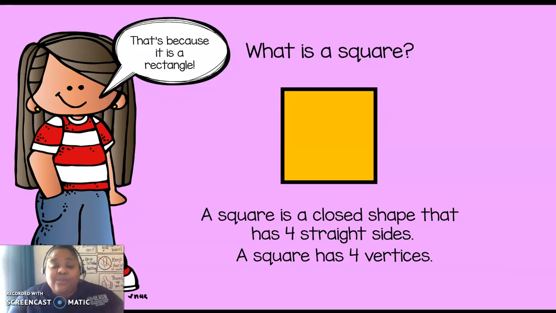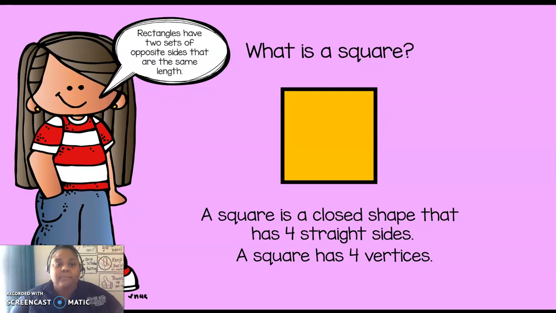That's because it is a rectangle. A square is a special kind of rectangle. Rectangles have 2 sets of opposite sides that are the same length. So a square is a kind of rectangle.